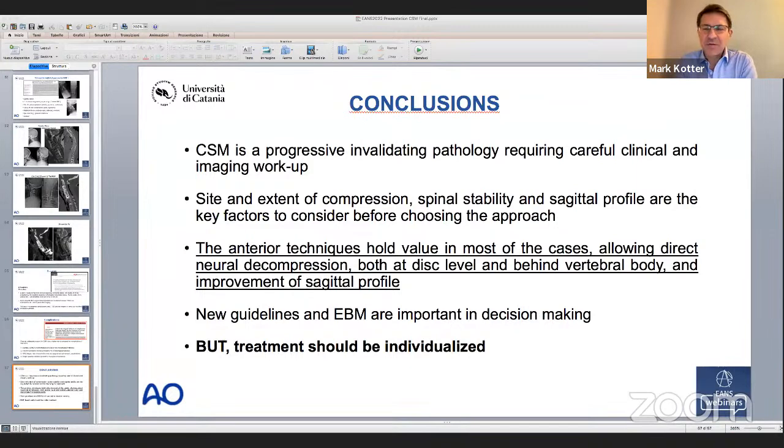I use this, not often, but I use it in the context of a mismatch between clinical symptoms and an absence, quite frankly, of cord compression. You sometimes see flattened cords, but actually in the static MRI scan, you don't see pressure.